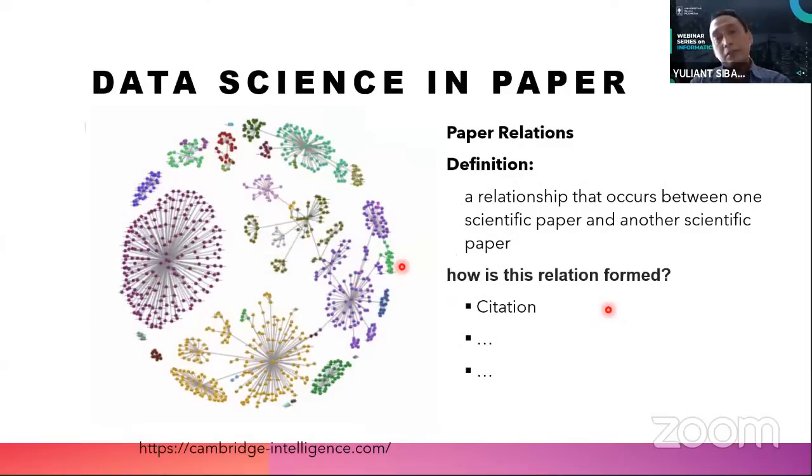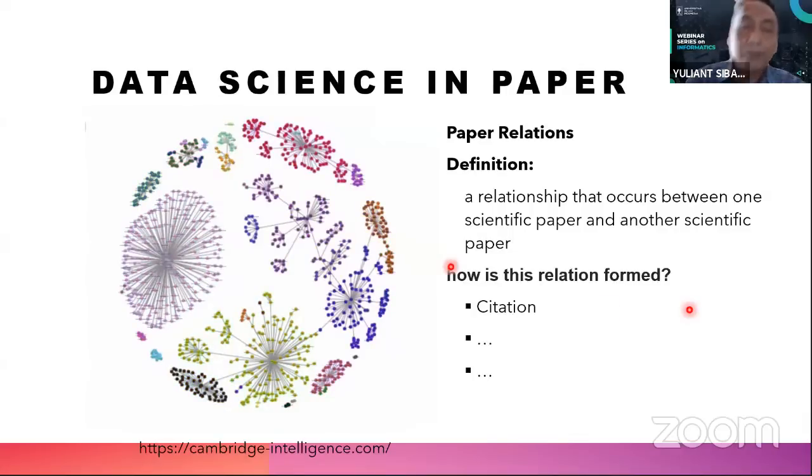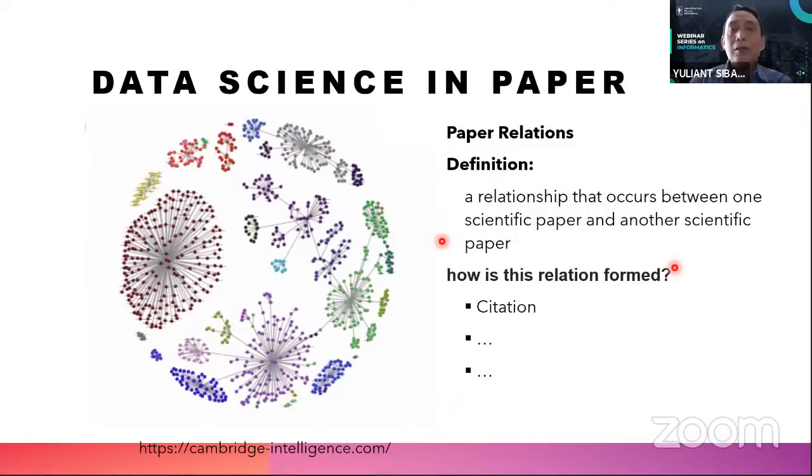The first is from citation. We know that a scientific paper always has references, always has citations inside. From this citation, we can make a relation between papers.